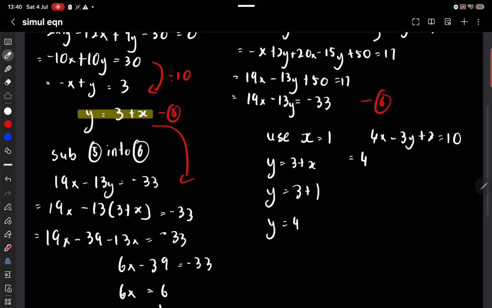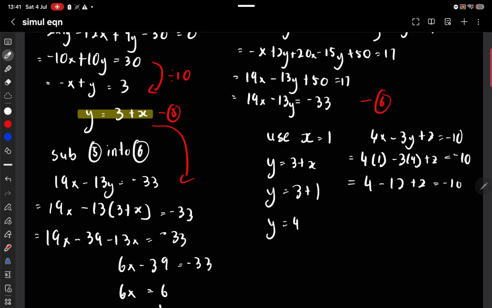So 4 we've already found, as we've already established here, but I forgot the question actually has negative 10, not just 10 here. So this becomes 4 times 1 because x is equal 1. So our y is 4, so we'll sub in 4. 4 minus 12 plus z equals to negative 10.